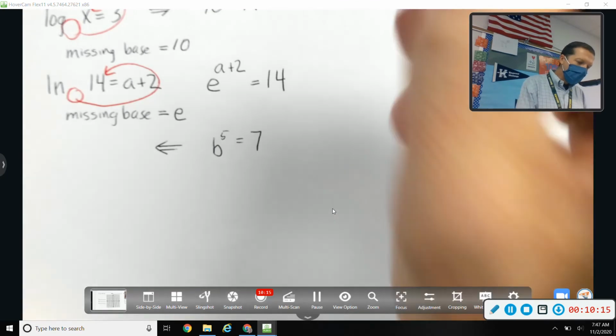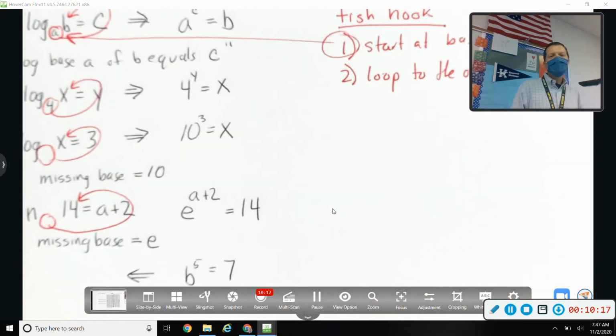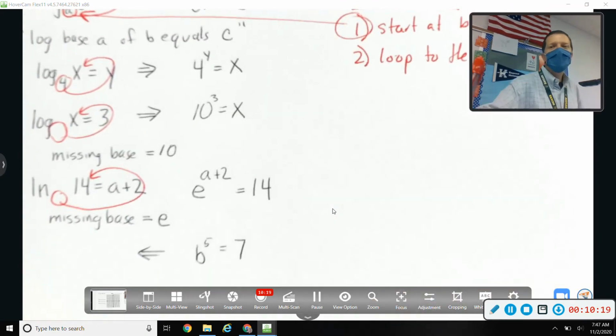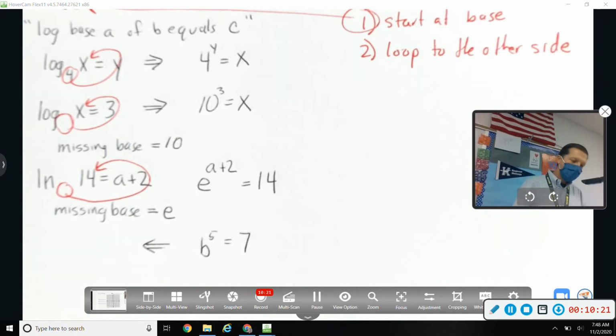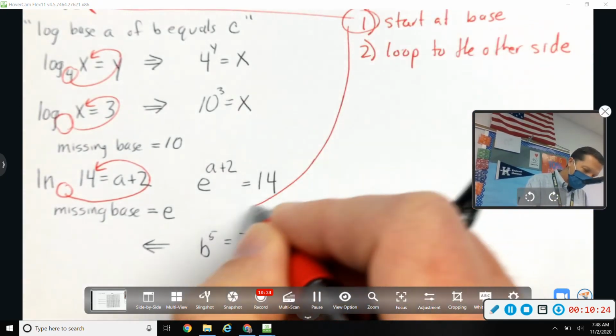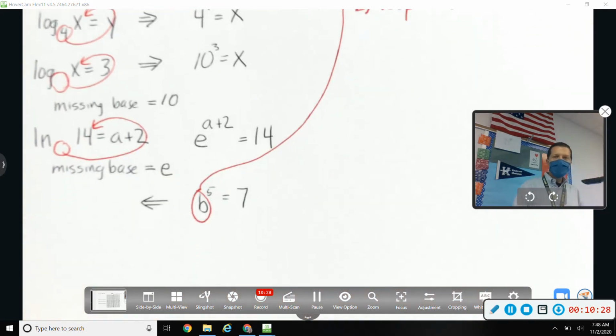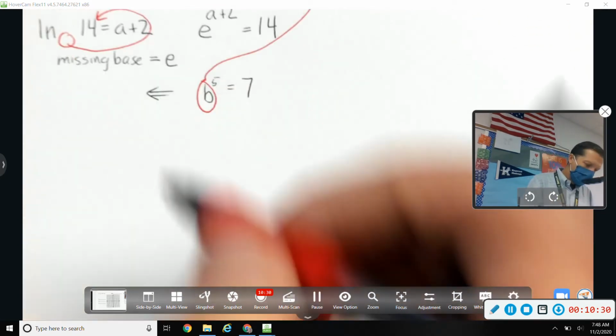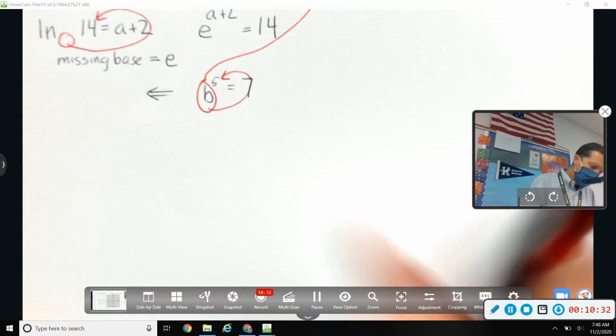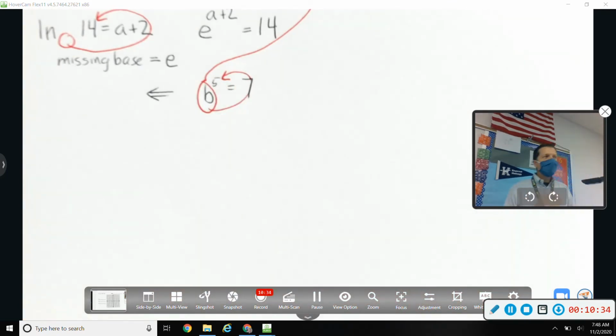The good news is the fishhook method still works, and it still works in kind of the same way. You're going to start at the base, but the base is B, and loop to the other side. So again, you make a fishhook, and then you'll write the letters down in the order that you fishhooked them.